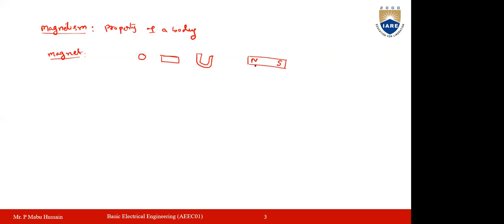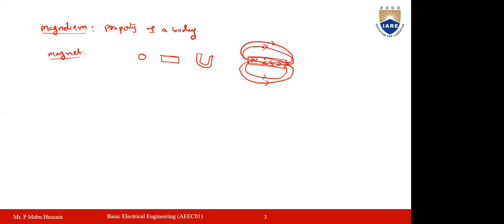And this magnet will have magnetic lines of force. Those magnetic lines will flow from north to south, outside the magnet. The direction of magnetic lines will be from north to south outside the magnet. Inside the magnet it will be from south to north.